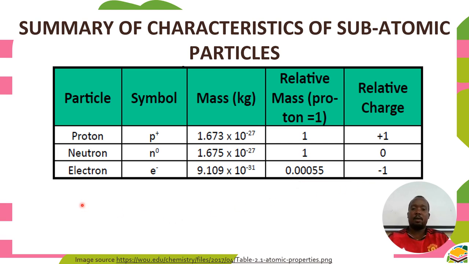Then lastly, for an electron, the symbol is E negative, and the mass is 9.109 times 10 to the power minus 31 kilograms, and the relative mass is 0.00055, and it has a relative charge of -1.